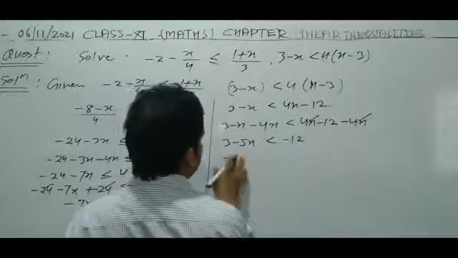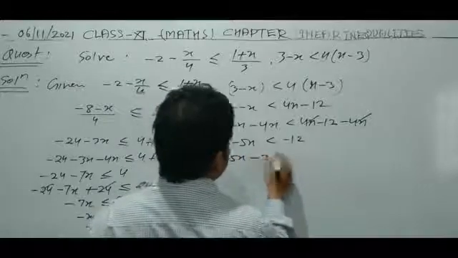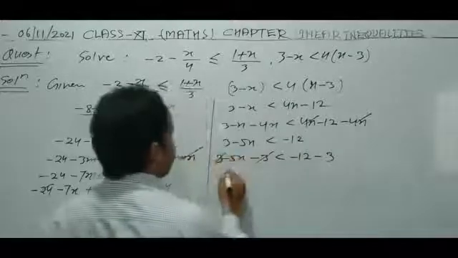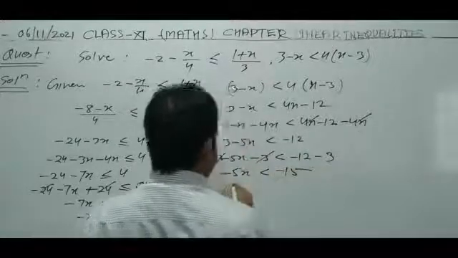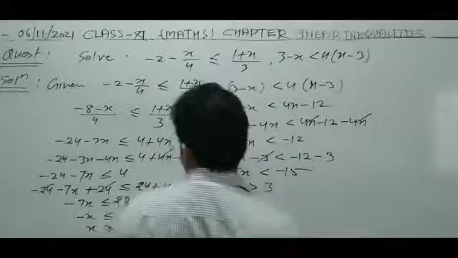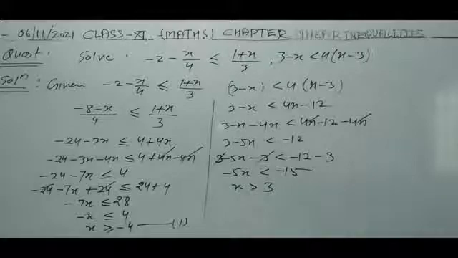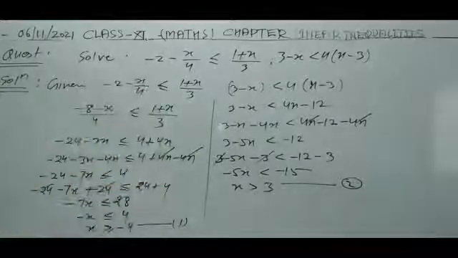So 3 minus 5x minus 3 is less than minus 12 minus 3. So minus 5x is less than minus 15, and x is more than 3. x is more than 3. See, consider this as inequality 2.